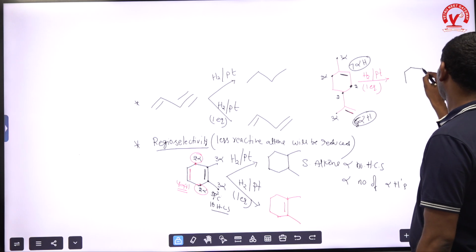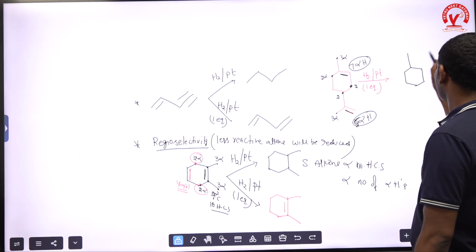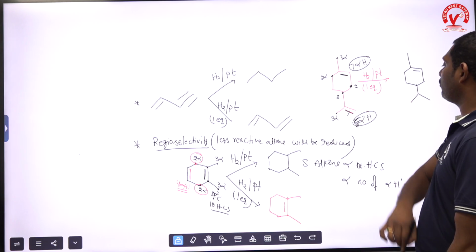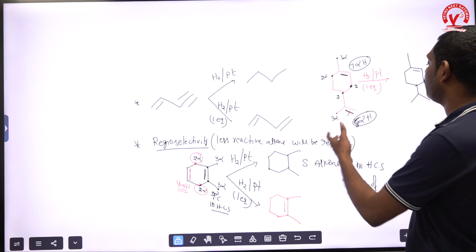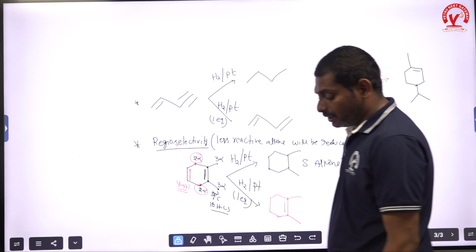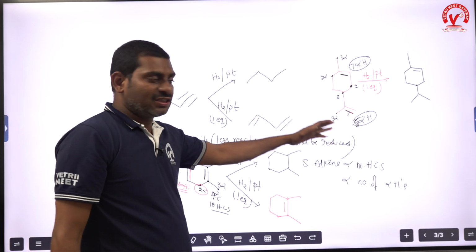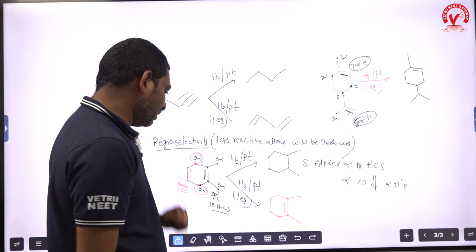So then the product is like this. This pi bond will break easily because it is the least stable double bond, the least stable alkene, due to fewer hyperconjugative structures. This is called regioselectivity.